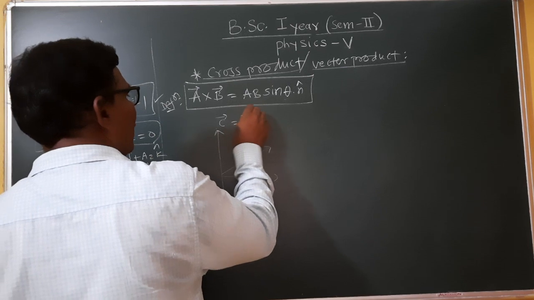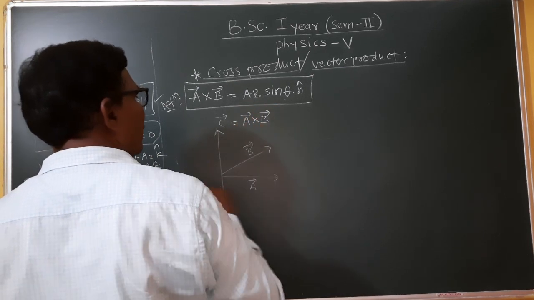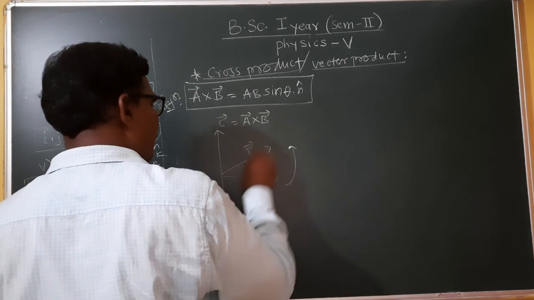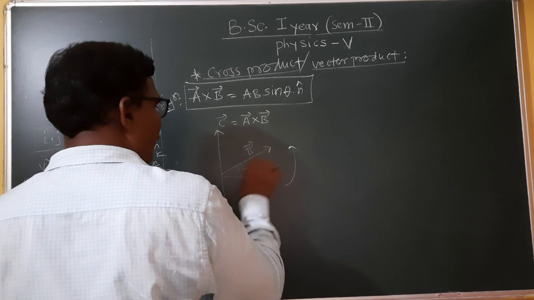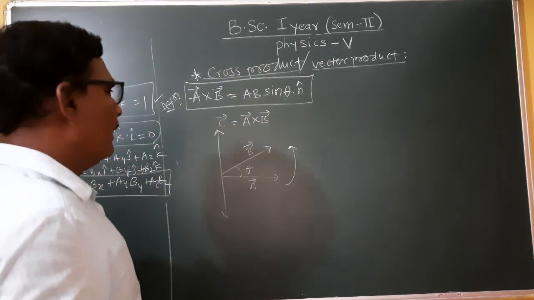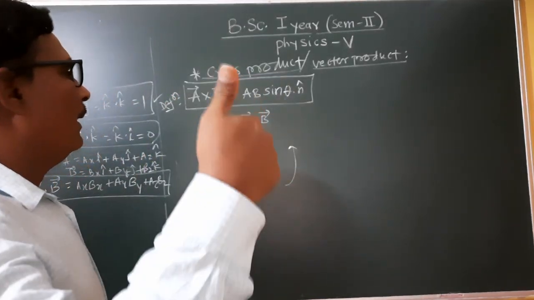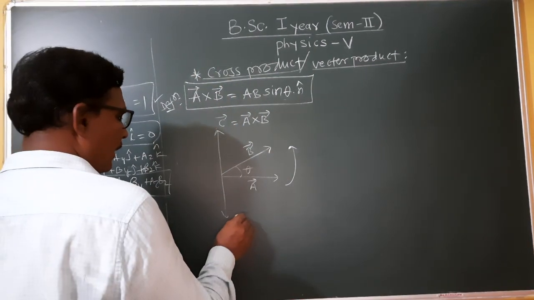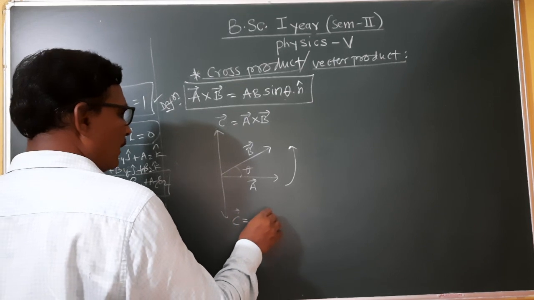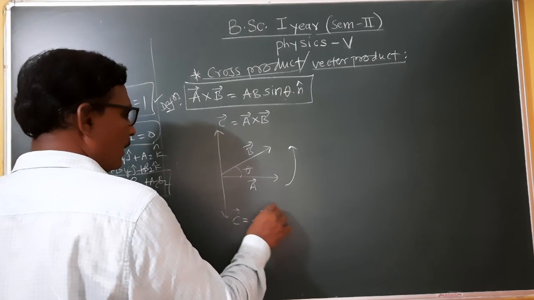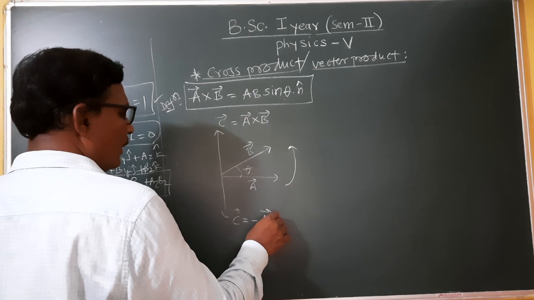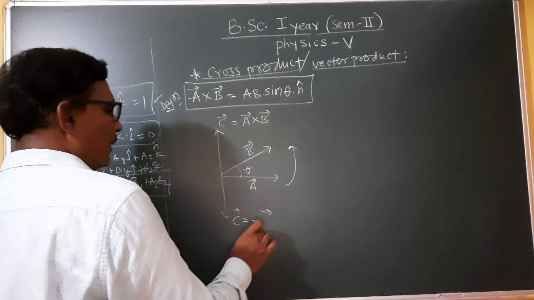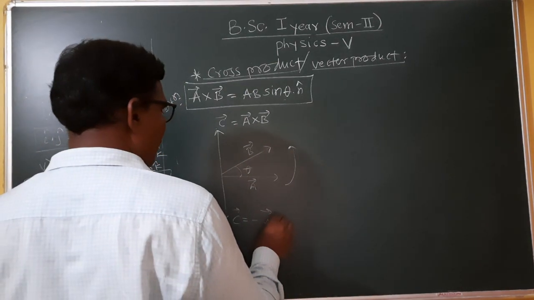That is A bar cross B bar, and here if the body rotates, its direction is given by a right hand rule. And here C bar is equal to minus of A bar cross B bar, minus of A bar cross B bar.